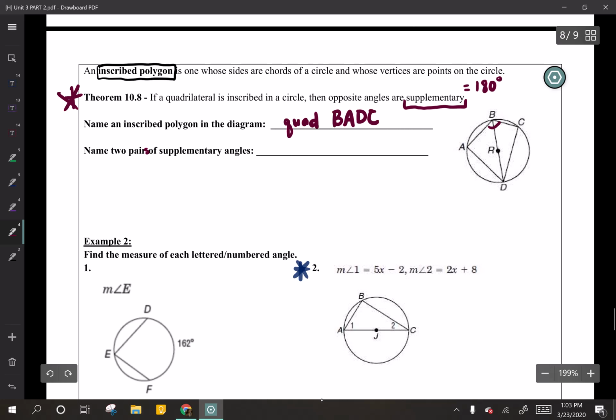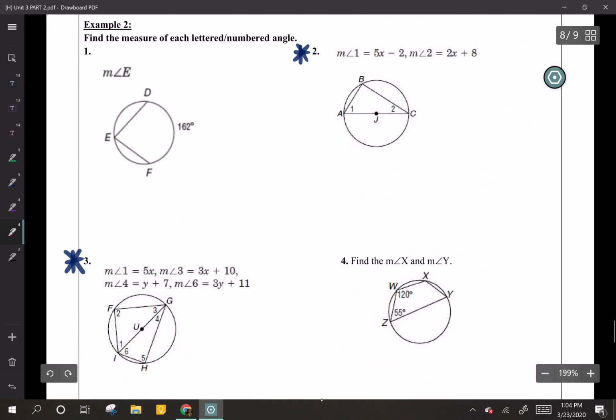So we got angle B and angle D. So angle B plus angle D equals 180. And then angle A and angle C equals 180. And you'll see us use Theorem 10.8 in number 4.